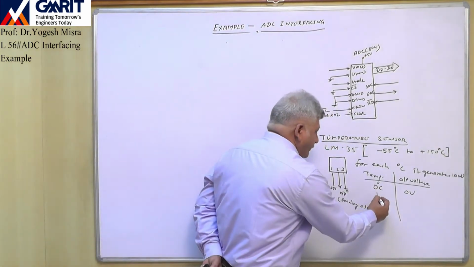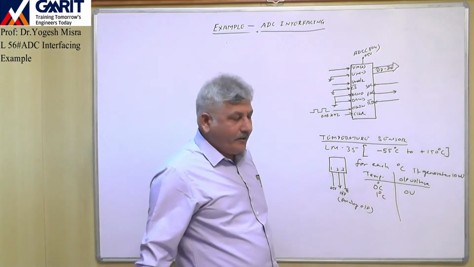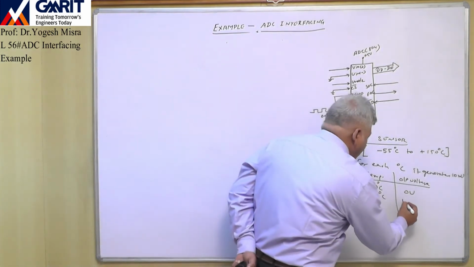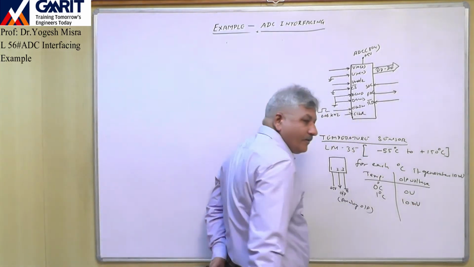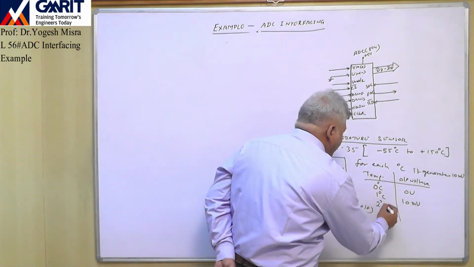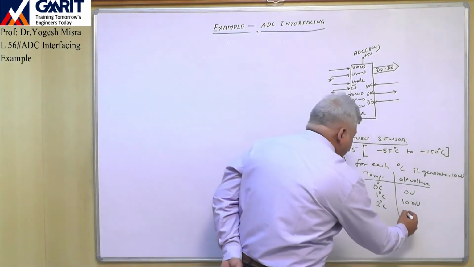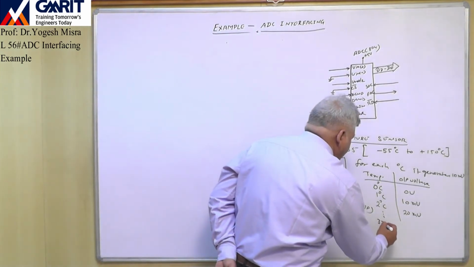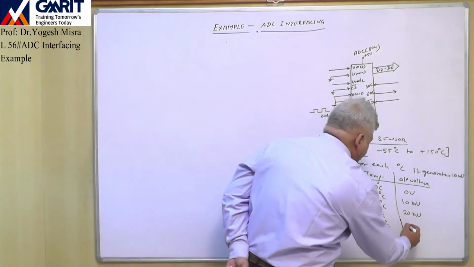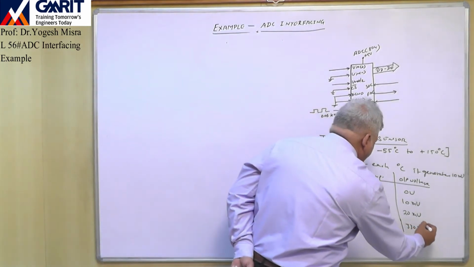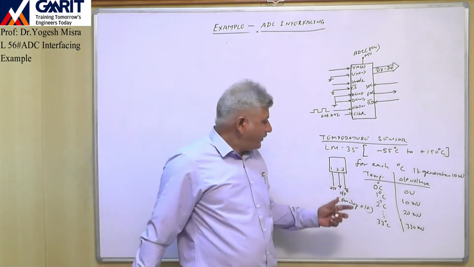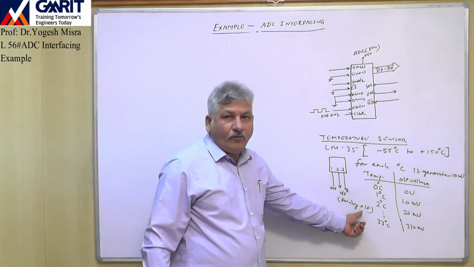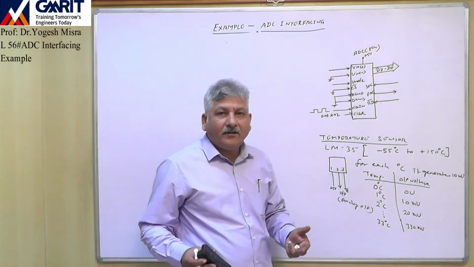But if the temperature is 1 degree Celsius, then at the analog output pin you will find a voltage of 10 millivolt. If the temperature is 2 degrees Celsius, then we will get 20 millivolt. Like this, if the temperature is suppose 33 degrees Celsius, then we will get 330 millivolt. In this way, this IC LM35 will generate an analog output voltage depending upon the temperature.